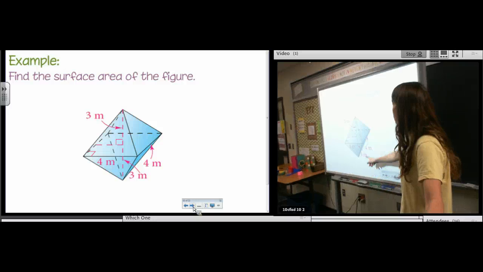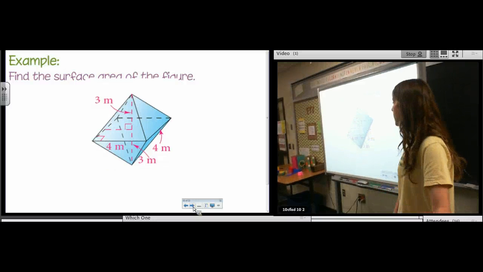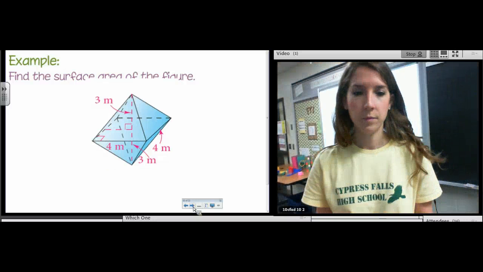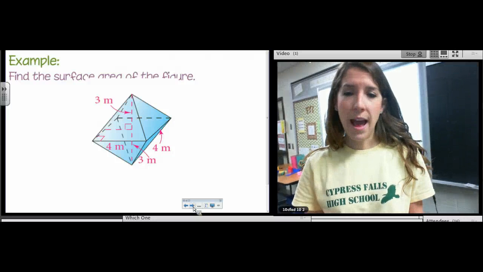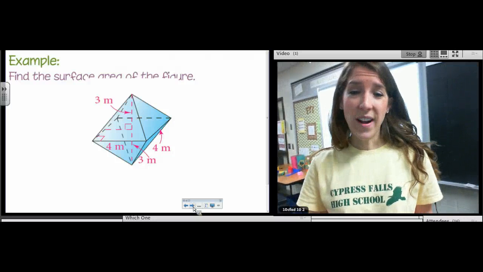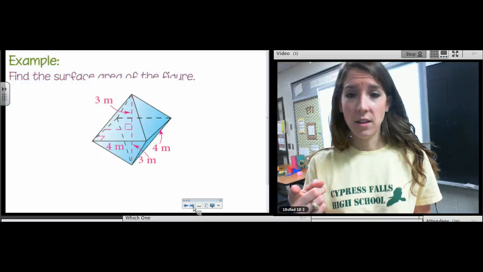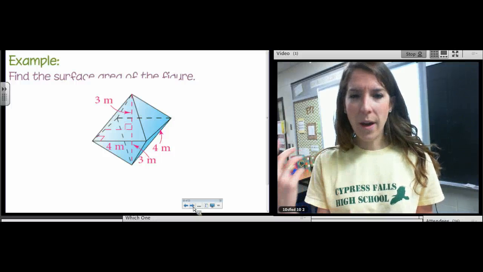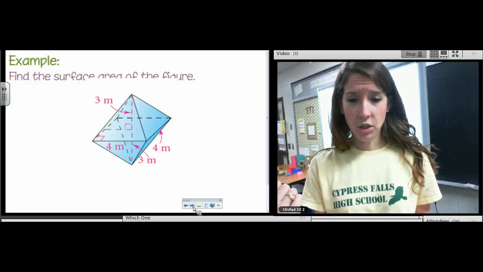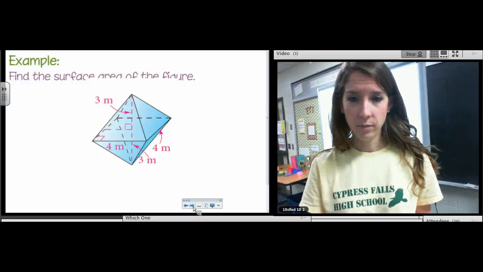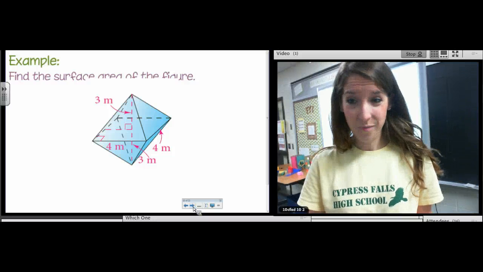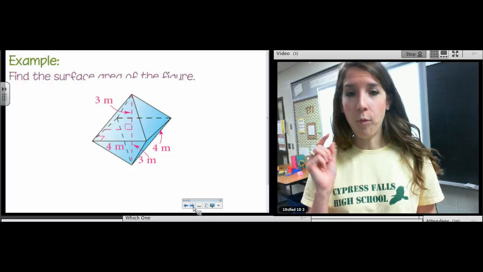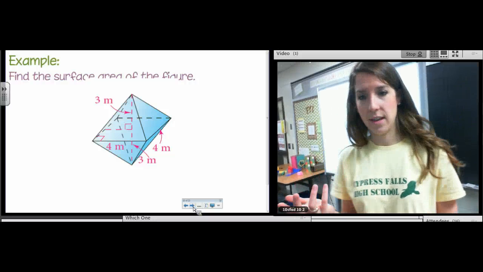All right. Find the surface area of the figure. This one isn't too bad because we're just finding the LA of a pyramid and the LA of a pyramid. But wait, are they congruent? Are those two pyramids congruent? Yeah. So let's just find the LA of one pyramid and double it.